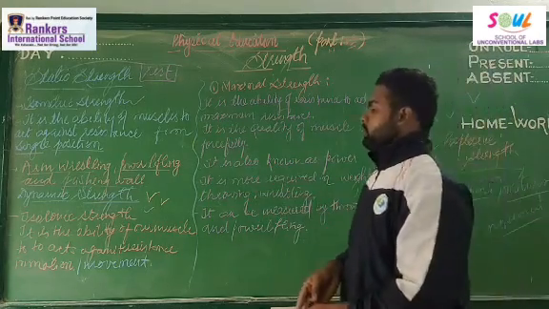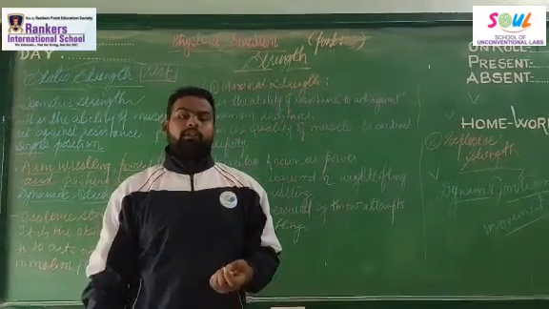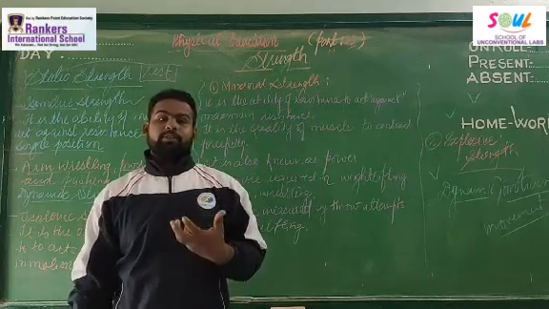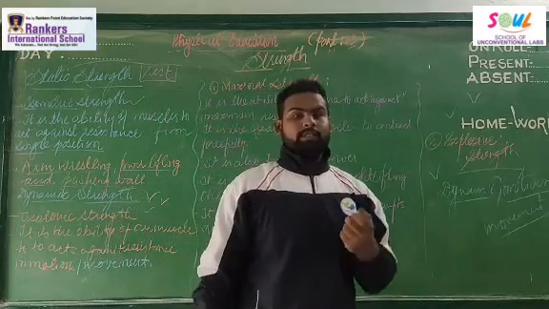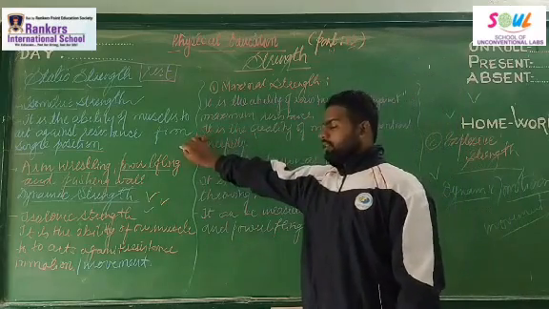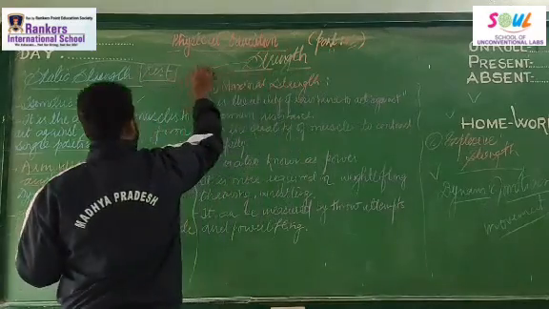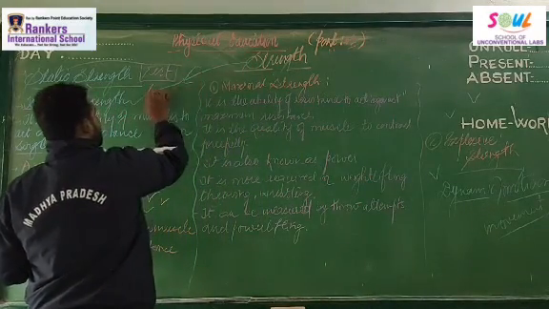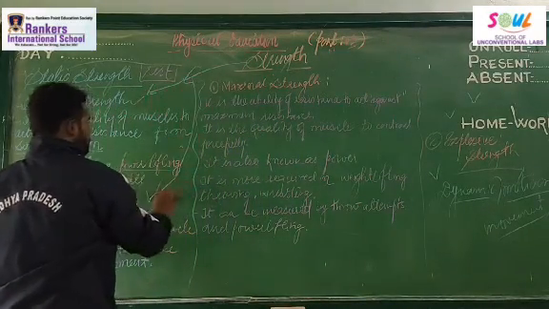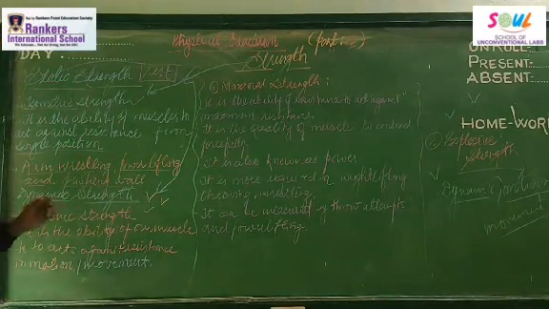Examples include running and the standing broad jump. So I hope you understand static strength as well as dynamic strength. There are two types of strength: static strength and dynamic strength.